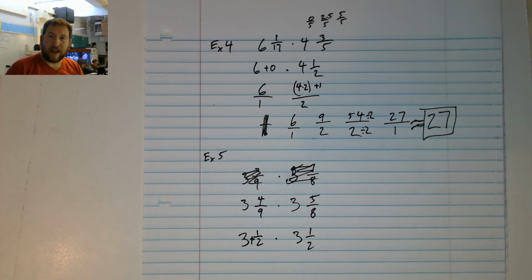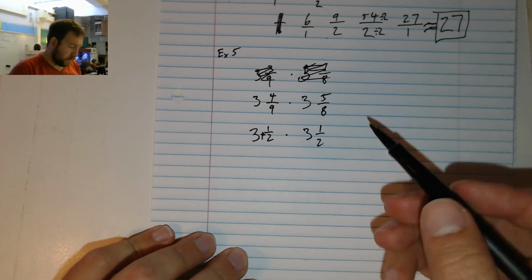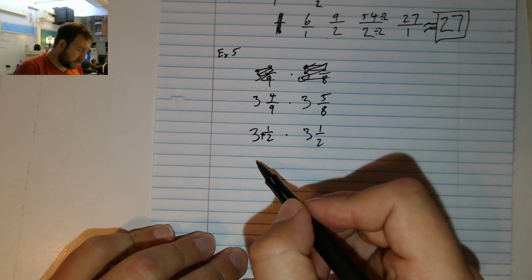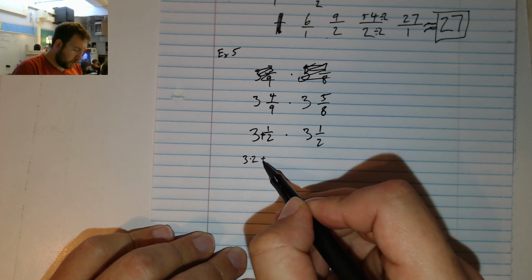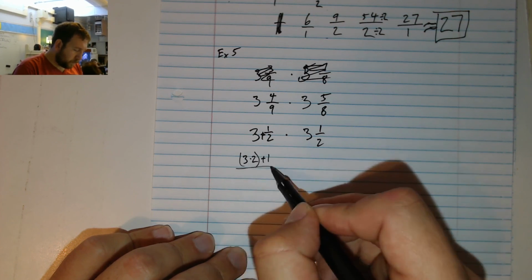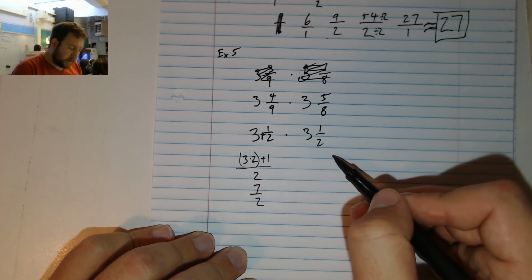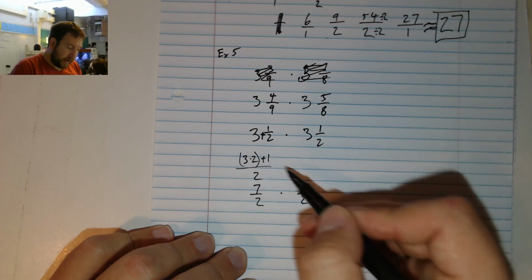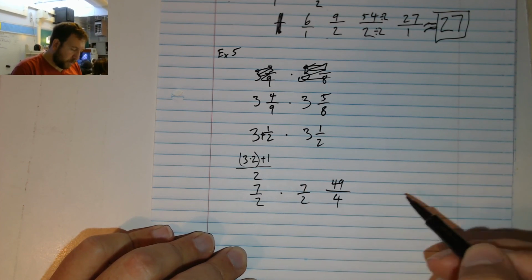So 3 and a half squared, because they're times each other. So in this case, I'm going to turn them into improper fractions. I've got 7 halves, and I know it's going to be the same thing, so I can just write it again. 7 times 7 is 49 fourths.